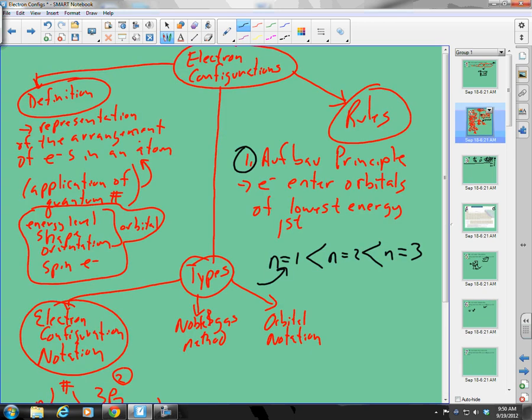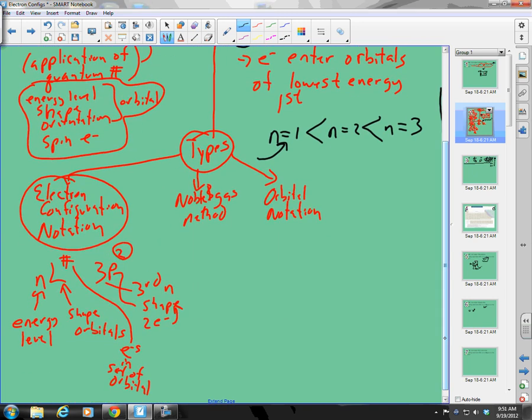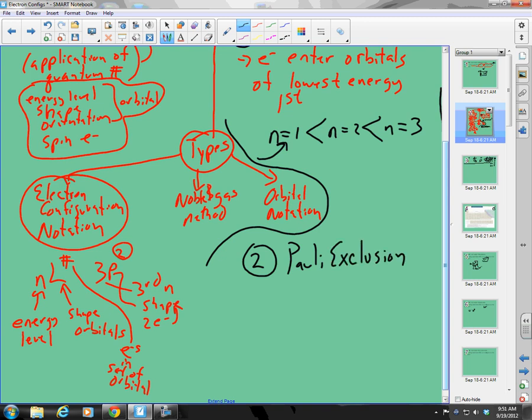No, no, no, no, no. We have another rule. Here comes the second rule. Rule number 2 is called, and you guys know him well now, the Pauli exclusion principle. This is the second rule for electron configurations.